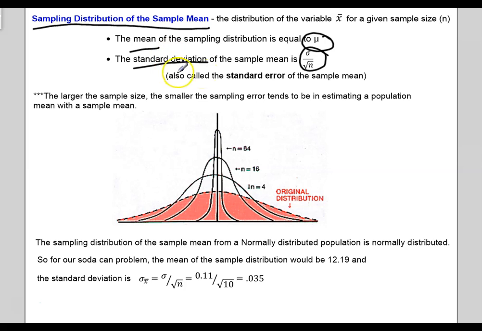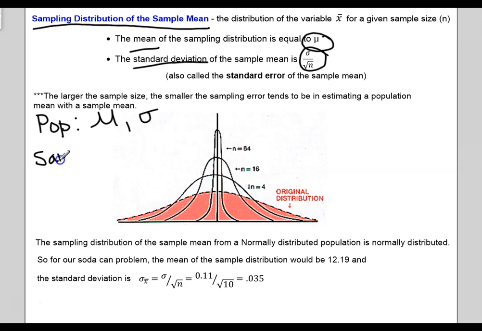This is also sometimes called the standard error instead of being called the standard deviation, but either way, it's the same thing. Now, I will have a little bit of new notation because we're going to be talking about the original population. Okay, so the original population has a mu and a sigma.